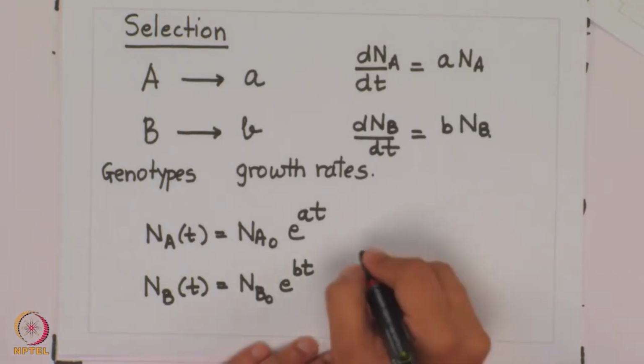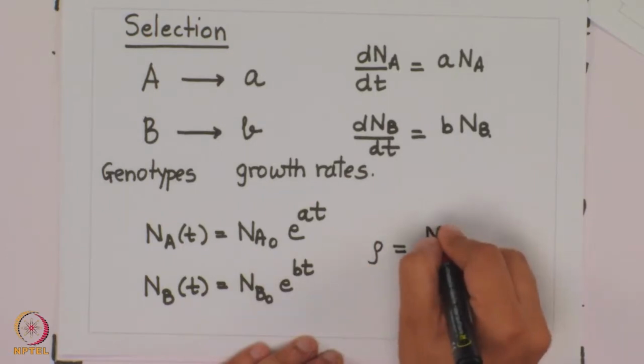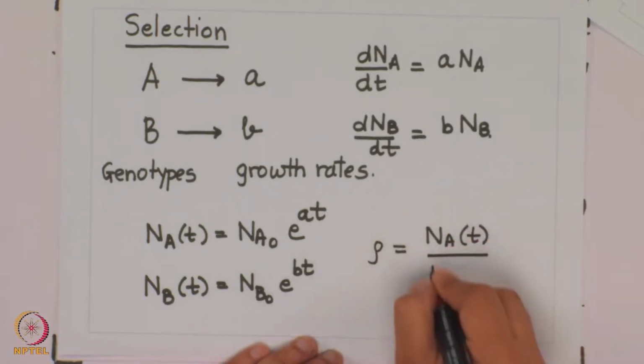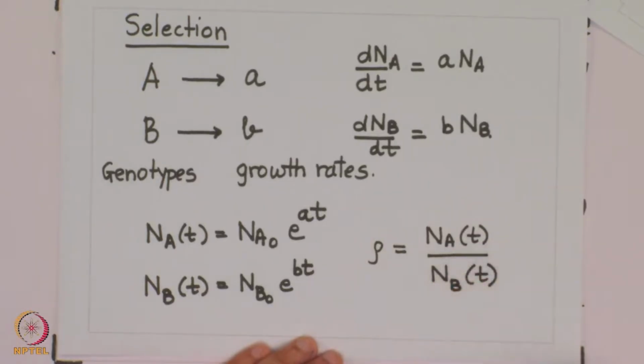And what we are interested in is the ratio. How does this quantity NA(t) by NB(t) change as time moves forward?